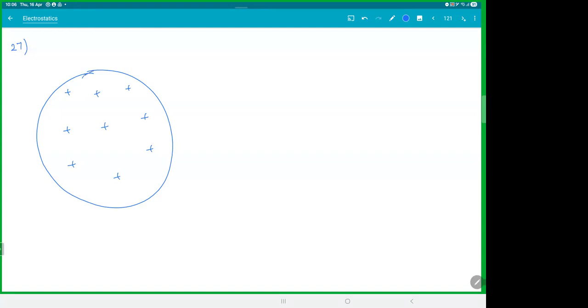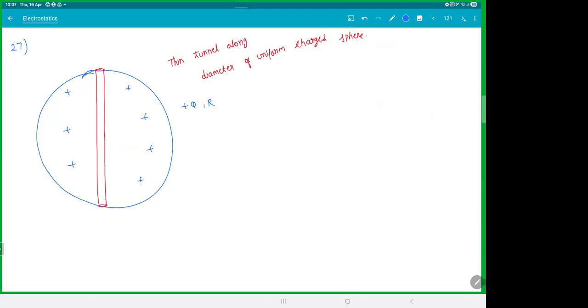So we have a solid sphere here, and we made a thin tunnel along the diameter. Uniform charged sphere. The charge is plus q and the radius is r.